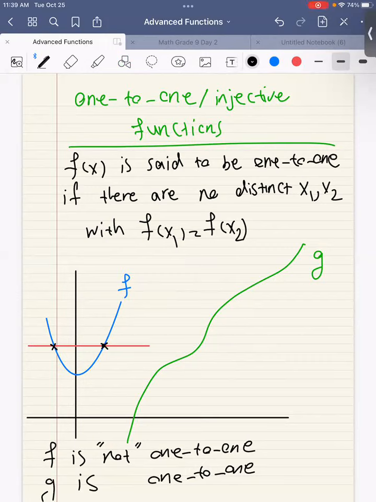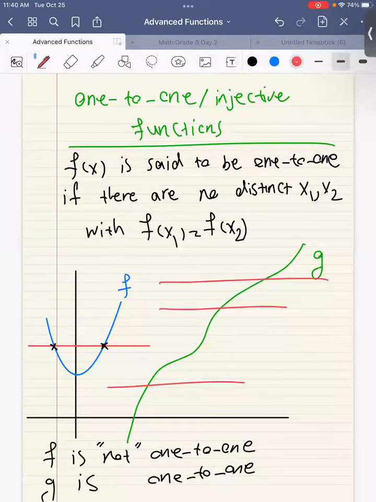So one way, we call it the horizontal line test, is that you draw horizontal lines, and if any horizontal line crosses the graph at more than one point, then it's not one-to-one. If you have even one horizontal line that crosses the graph at more than one point, then it's not one-to-one. Otherwise, it is one-to-one.